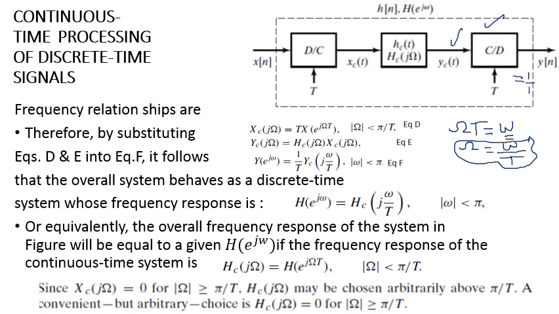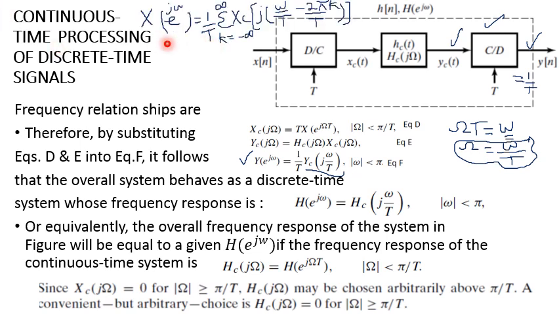So the output signal we obtain here, Y(e^{jω}), will be equal to 1/T times the, if you recall, what we get after sampling. After sampling we get this equation. I hope you are familiar with it.